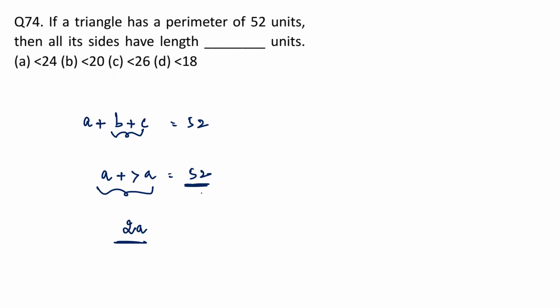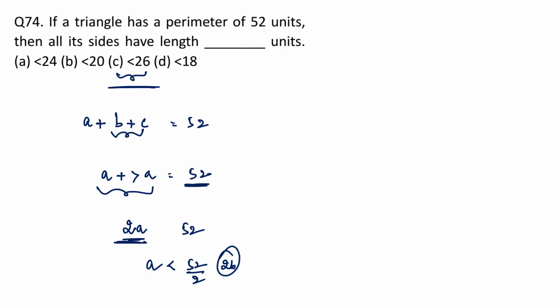So 52 should be greater than 2A, so A should always be less than 52 by 2, which is going to be 26. So one side should always be less than 26. You cannot have any side which is more than 26, because the sum is going to be 52.